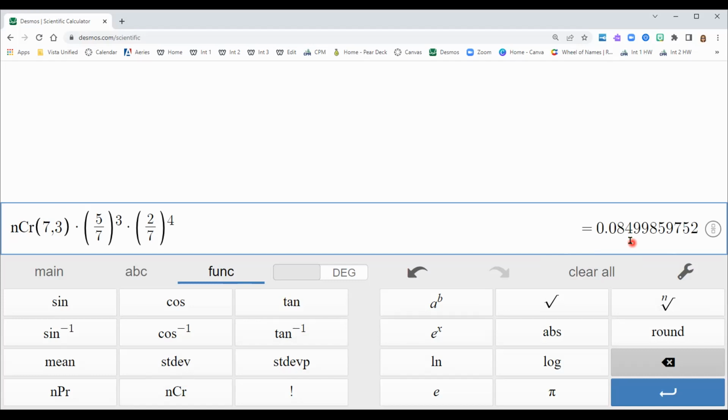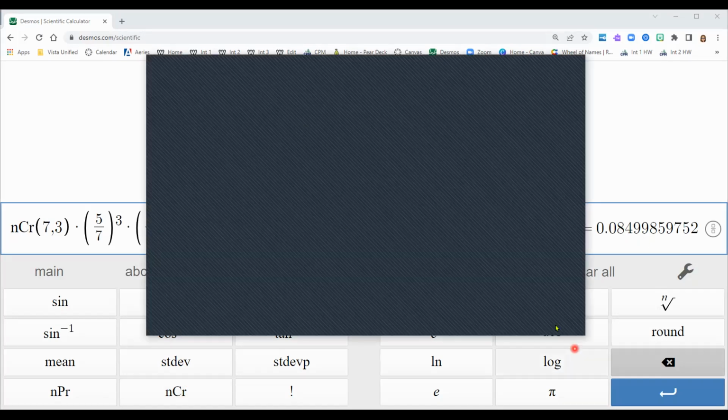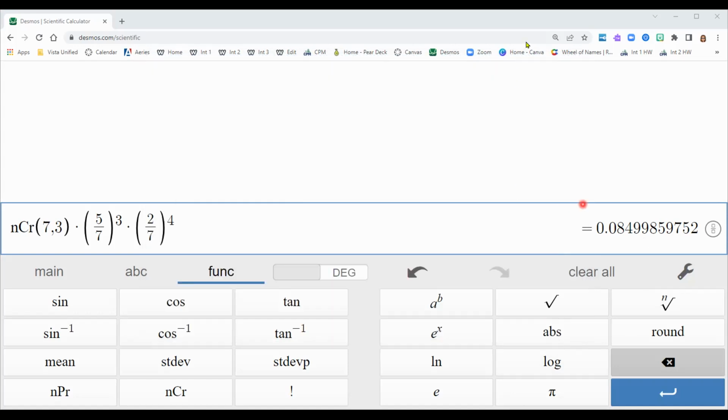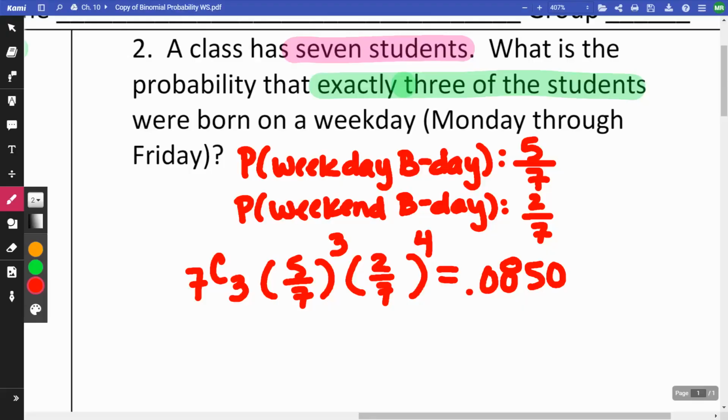And we get 0.08499. So let me just write that on my paper. So I'm going to get about 8.5% as my answer.